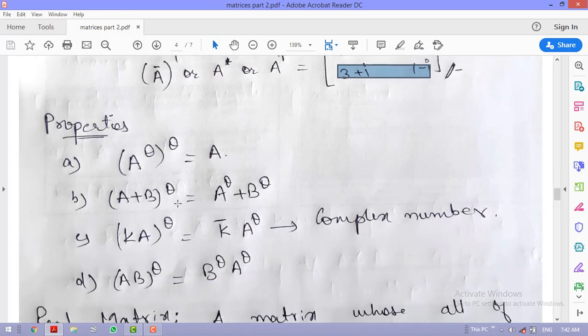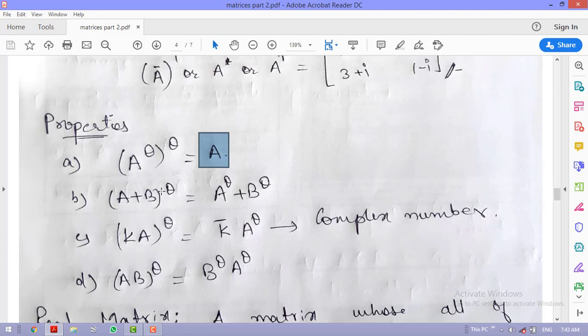Here A theta means first I am conjugating, then I am transposing. If I do the same operation again on the resultant matrix A theta, that will be equal to A. The next property is that A plus B whole power theta is equal to A theta plus B theta, which means first I apply the addition operation, then conjugate, then transpose the resultant.